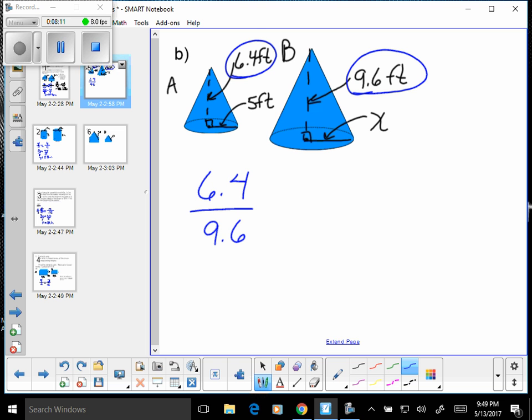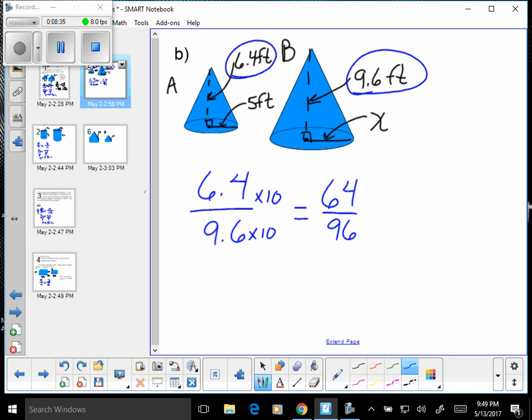Now, the reason I chose this example is a lot of times students will take a look at something that has a decimal like this and they'll go, oh, I don't know what to do with it. Well, here's how you handle it. They're both tenths. So a little tip, multiply them both by 10. You're going to get 64 over 96.